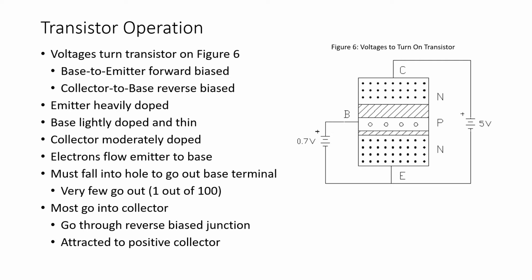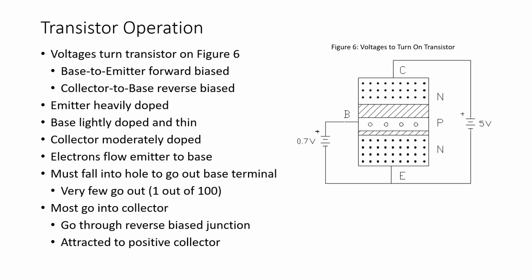So in figure 6, we see an NPN transistor, and we have 0.7 volts applied, or a 0.7 volt difference applied, between the base and emitter. Now, the base to emitter acts just like a diode, with the base being the anode of a diode and the emitter being the cathode of the diode.